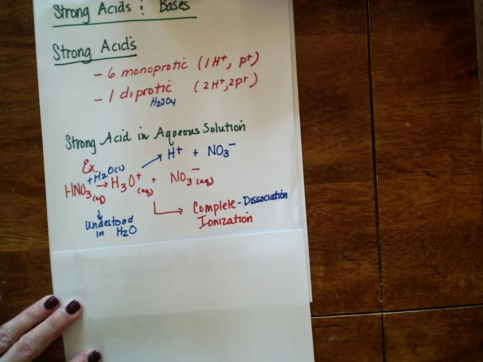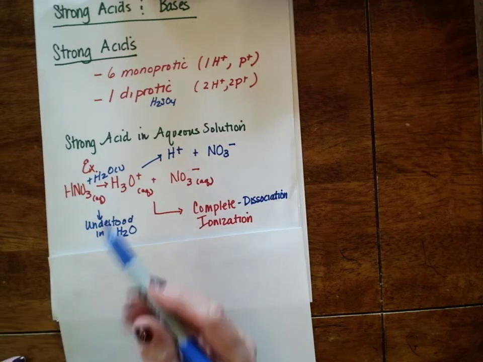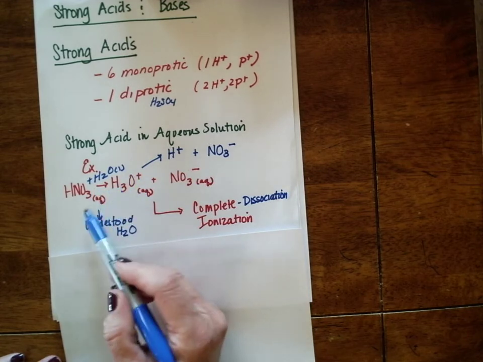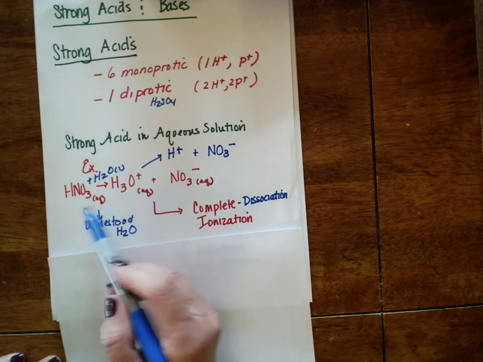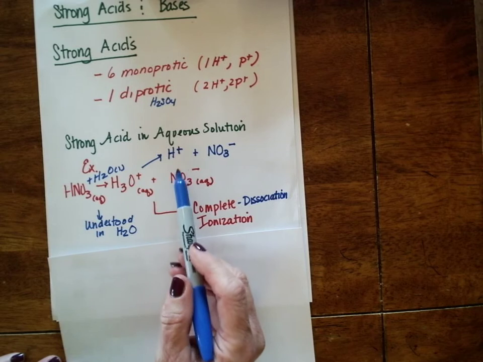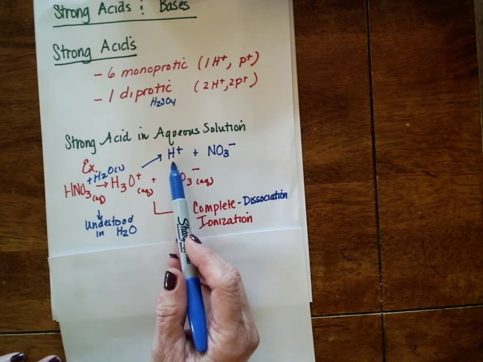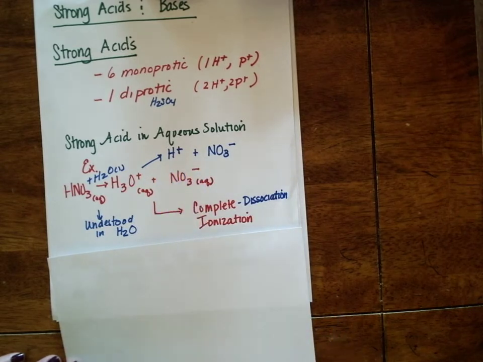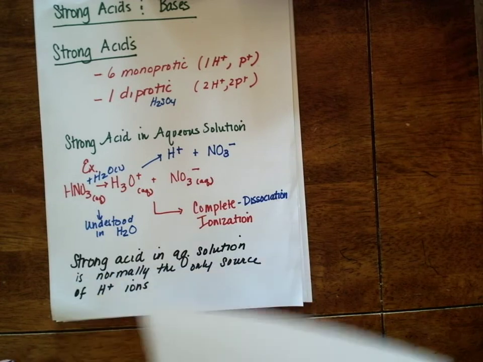And we just have to understand that those things are interchangeable. So I wanted you to be aware of that, so that if you see an equation that looks like that where the water's missing, you're not like, well, how did that get there? There's no water in the equation. Or why is this just H plus? What happened to my other two H's? You have to understand those things are interchangeable.